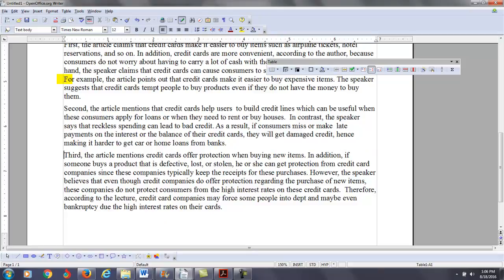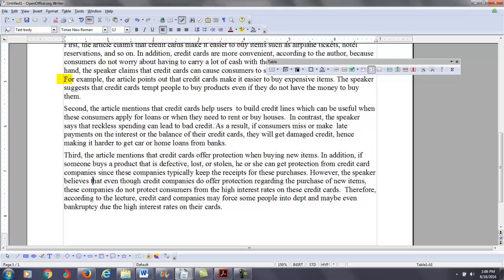Third, the article mentions, maybe put the noun clause connector in here, that credit cards offer protection when buying new items. In addition, if someone buys a product that is defective, lost, or stolen, he or she can get protection from credit card companies, since these companies typically keep the receipts for these purchases.